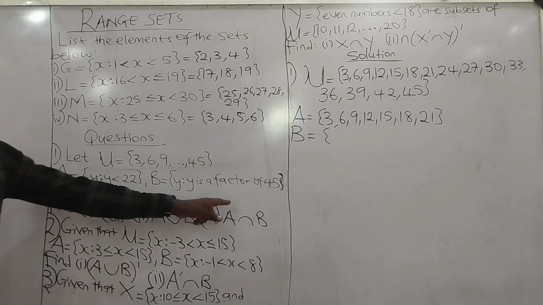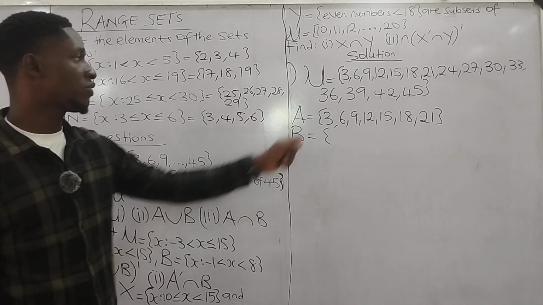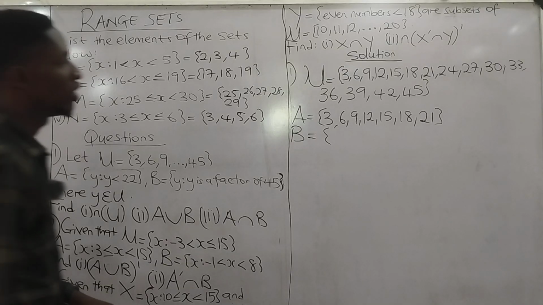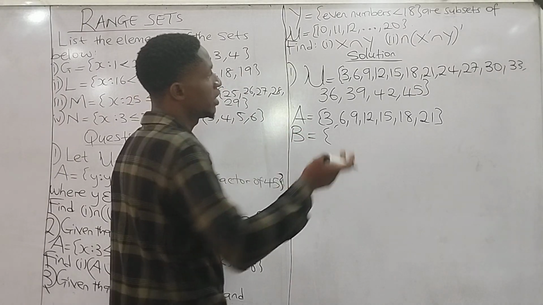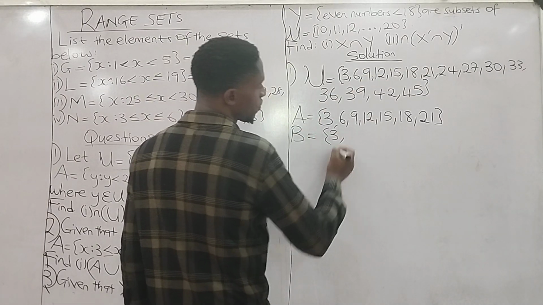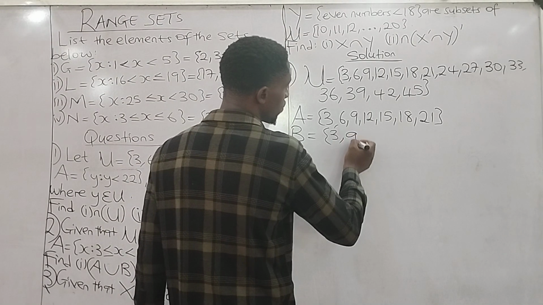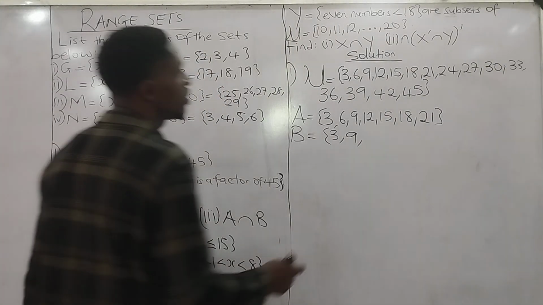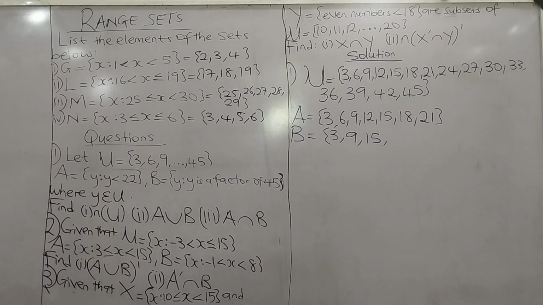Y is a factor of 45. It means that we will list all the factors of 45 here. Y is a factor of 45, so it means the numbers that can go into 45 without a remainder. 3 can go into 45 without a remainder. 9 can go into 45 without a remainder. 15 can go into 45 without a remainder.